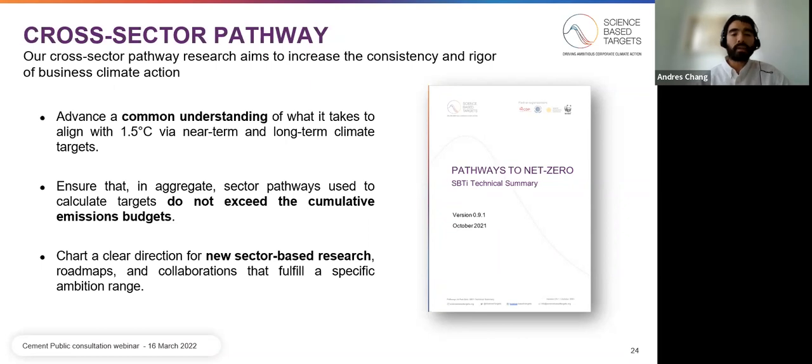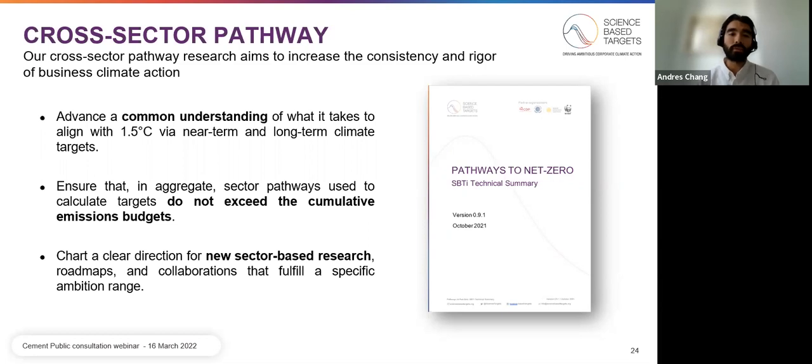So I'm going to give you a quick summary of our cross-sector research focused on mitigation pathways before handing it back to Carl to dig into the specifics of what it means for cement. This cross-sector research is really designed to advance a common understanding of what it takes to align with 1.5 degrees via near-term and long-term climate targets.